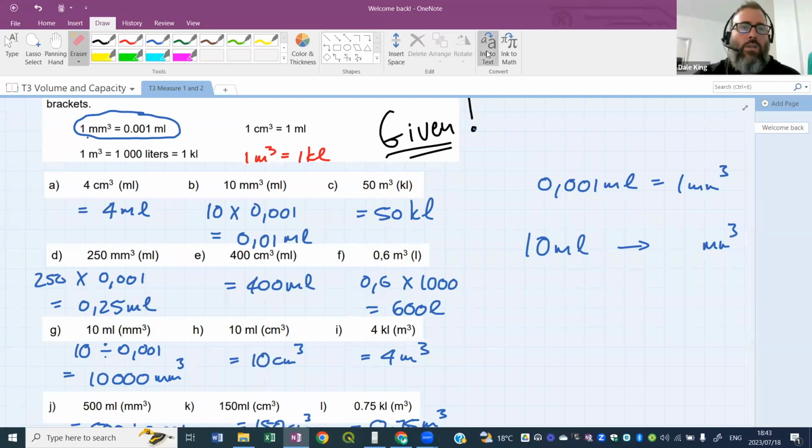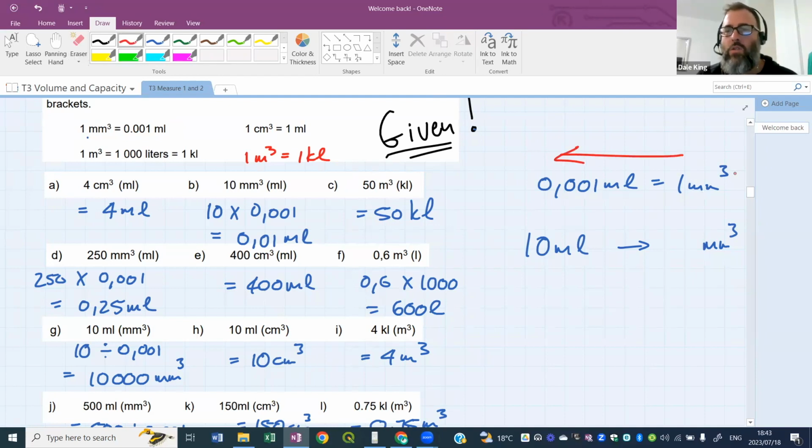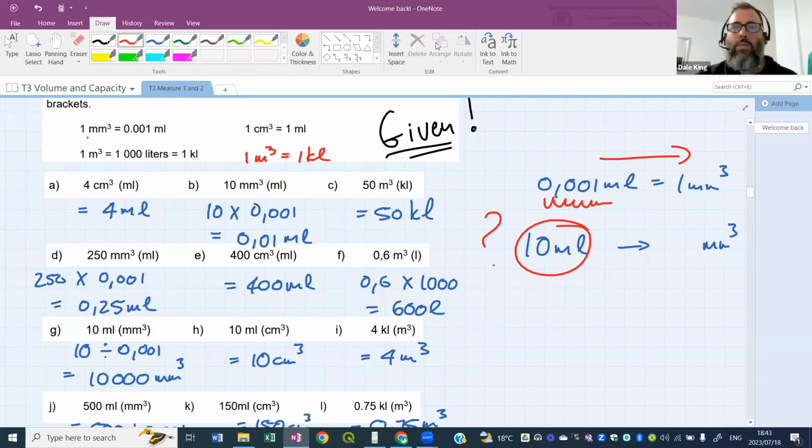So that's why I use that method, because it makes sense to me. If I'm going from the right to the left, every one of these millimeters cubed gives me that, so I'll multiply. If I'm going from the left to the right, from milliliters to millimeters cubed, how many of these pieces do I have here? Well, I have to chop it up to find that out. I have to divide, and that'll give me my answer. I hope that helps you out.